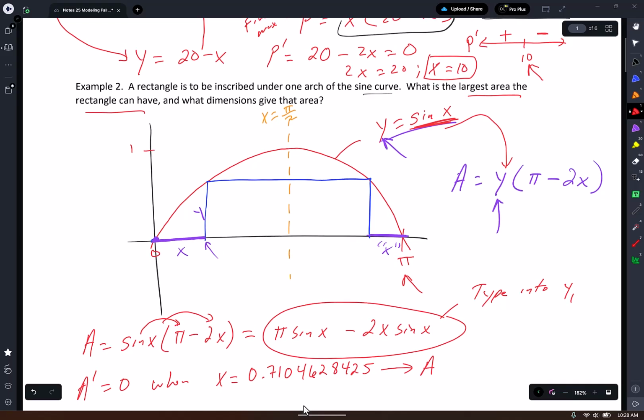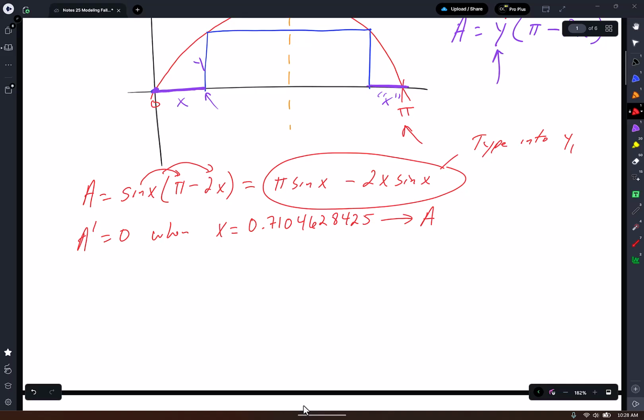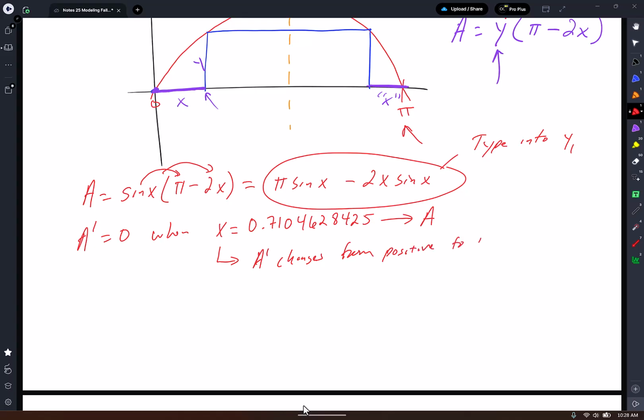What did they want? They want the dimensions. What is the largest area a rectangle can have? Okay, I already got it. By the way, you know what we should also say? We should make a statement and say, A prime changes from positive to negative at this specific X value; meaning max area.